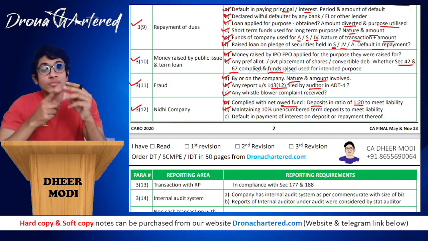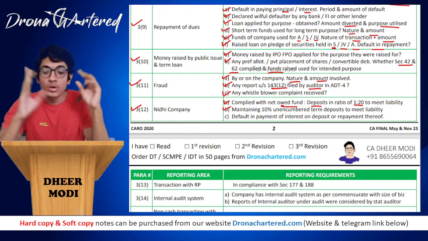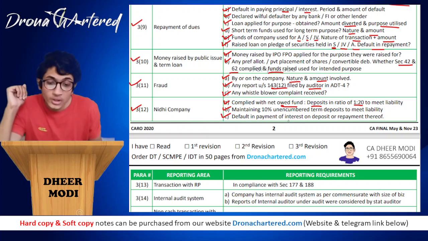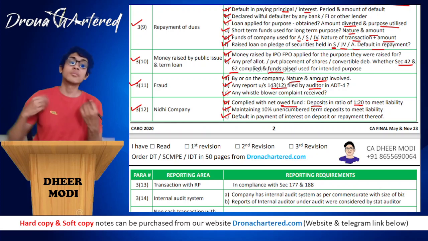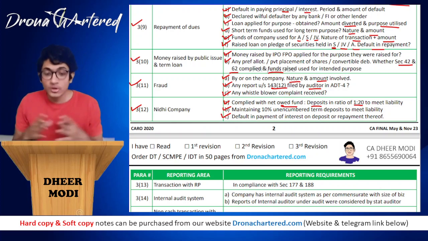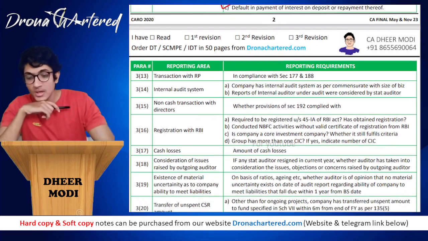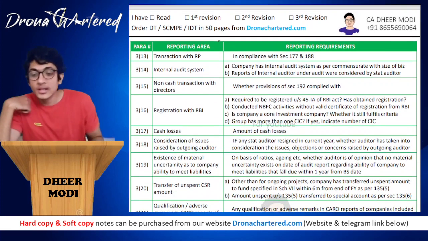So one ratio you have to learn is 1 is to 20. Second is your 10% unencumbered deposits. And third is default in payment of interest on deposit or repayment thereof. Whether there has been any default while repaying your interest or deposit or payment of any such matter. Okay, now your 3(13) talks about transactions with related party.